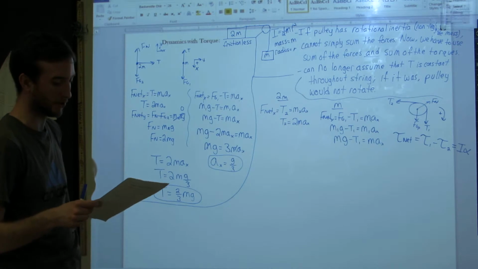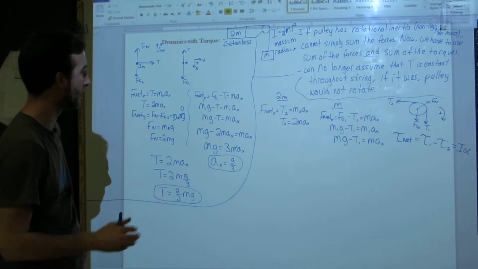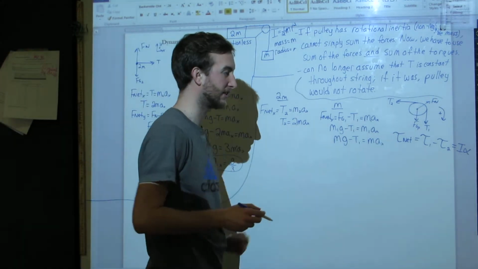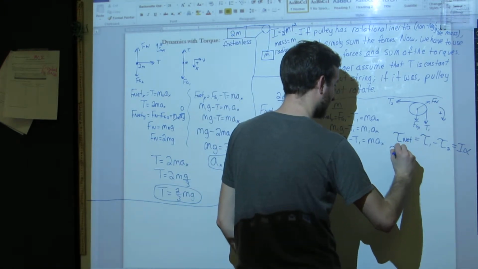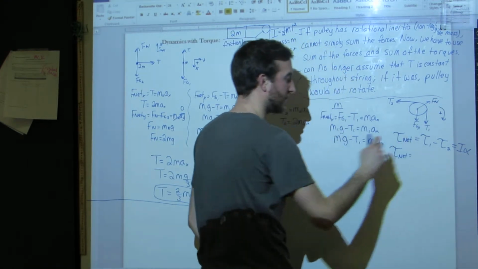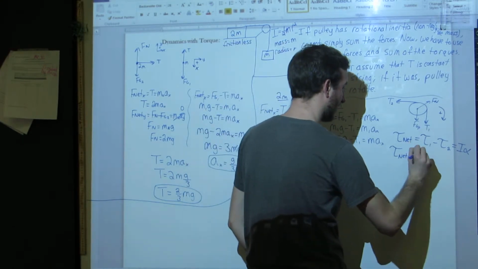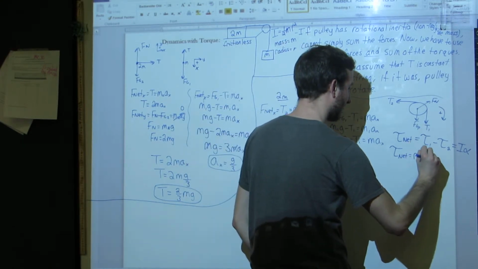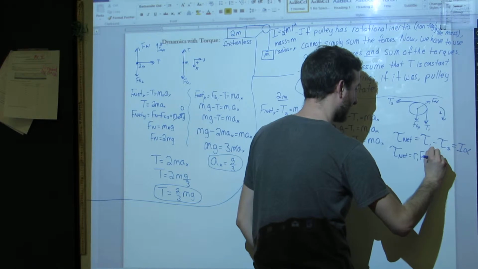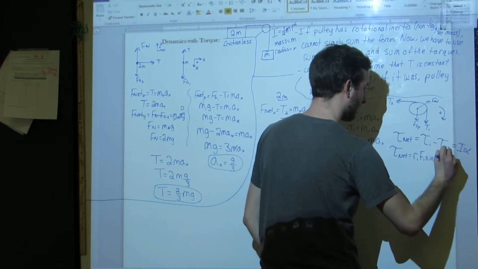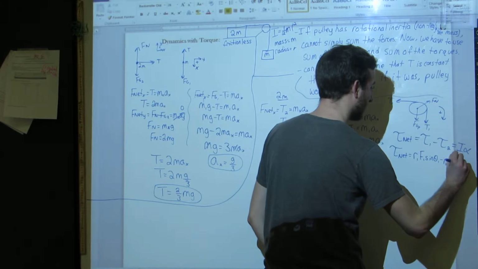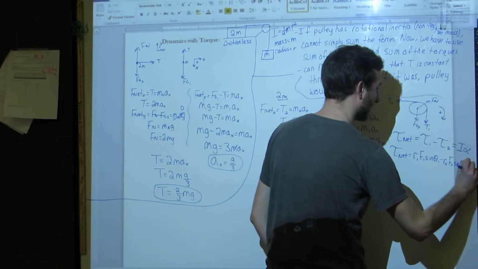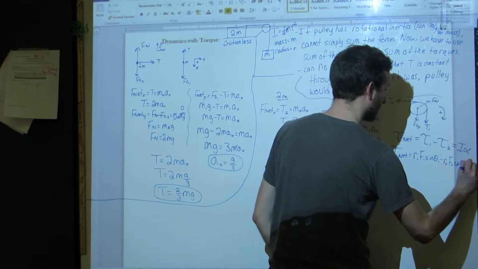Now I'm going to make some substitutions here. Okay? I'm going to make some substitutions with this net torque equation. I know the equation for torque is R1 F1 sine theta 1 minus R2 F2 sine theta 2 equals I alpha.